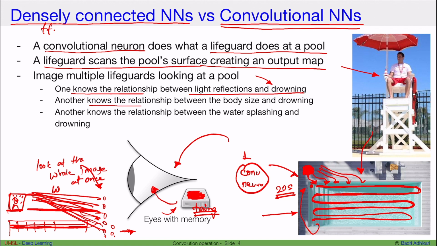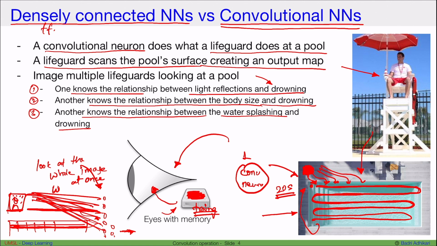Another lifeguard may know the relationship between body size and drowning, so this lifeguard can very quickly catch if somebody is drowning based on body size. Another may know the relationship between water splashing and drowning. This way we have one neuron, two neurons, three neurons, and these three neurons can work independently or somehow later together to identify if somebody is drowning or not.